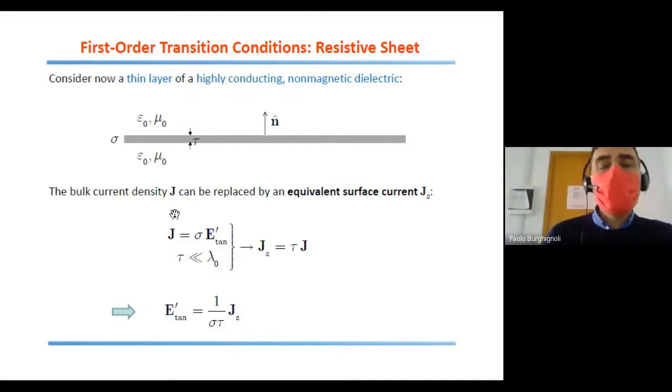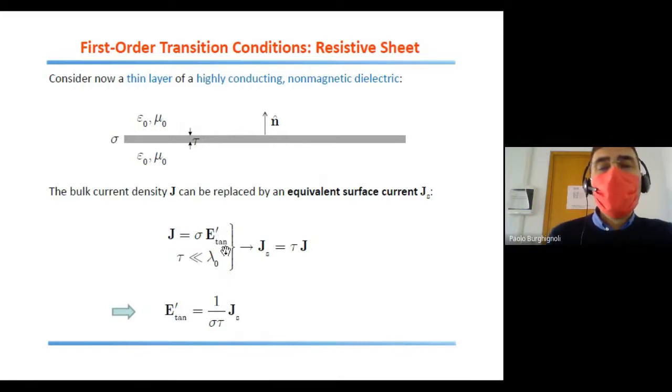We can do that by, first of all, recalling the constitutive relation that relates the bulk current density J with the electric field. This current density will be approximately tangential, since the sheet is very thin. So it can be written as sigma times the tangential electric field inside the conducting medium. Here we are considering the field inside the medium.